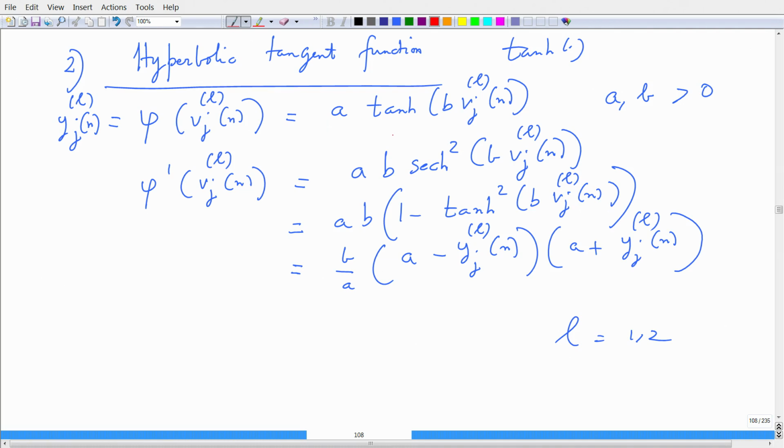So, the derivative of tan h is secant h squared, right, and if you do the simplifications we get a times b times secant hyperbolic squared of b times the local reception field at node j.